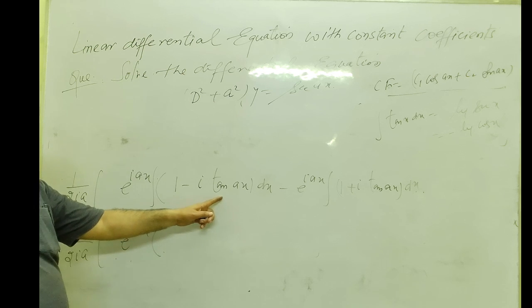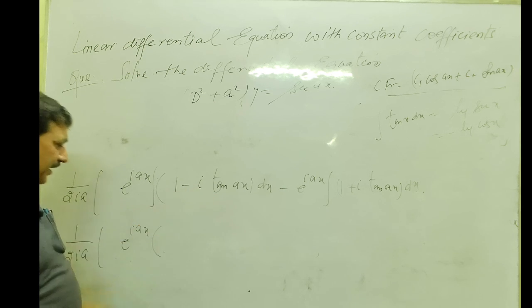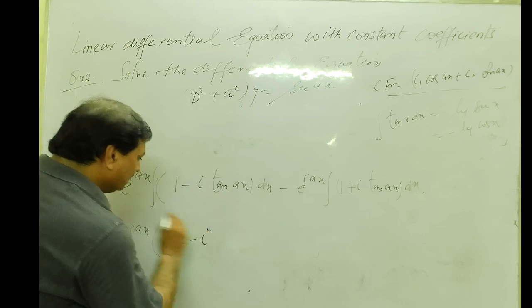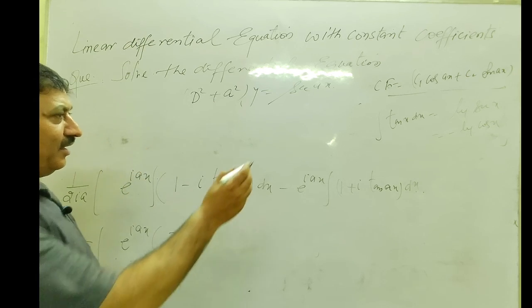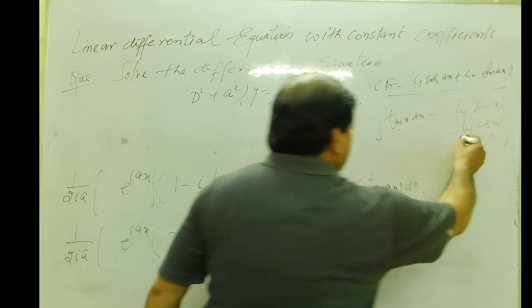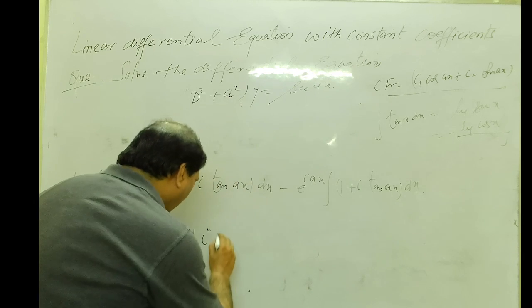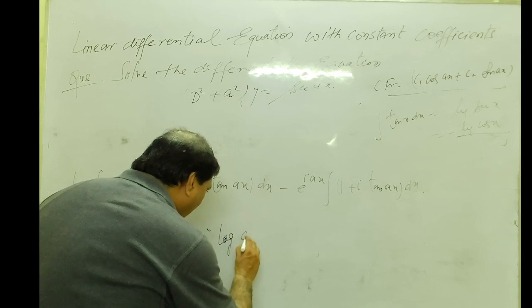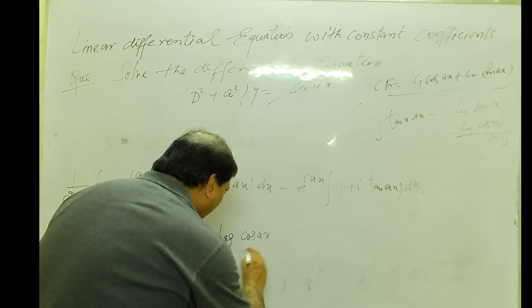Please correct here, my dear students. One integration is x minus i tan integration, which gives minus minus plus because of the negative sign, log cos ax upon a.